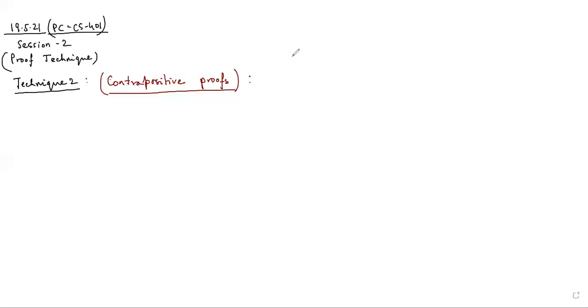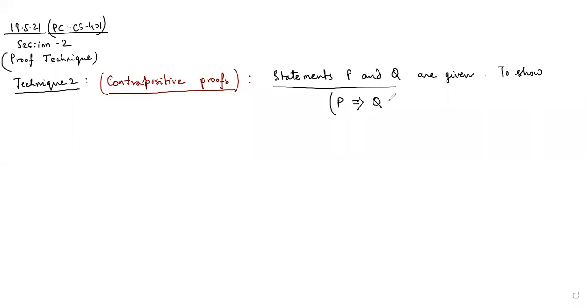Now we have two statements, capital P and capital Q. And as before, we want to show that P implies Q. Suppose we are unable to find the direct proof in this particular case.